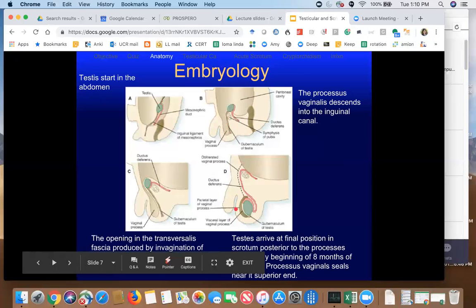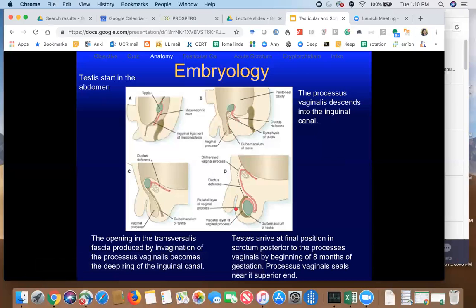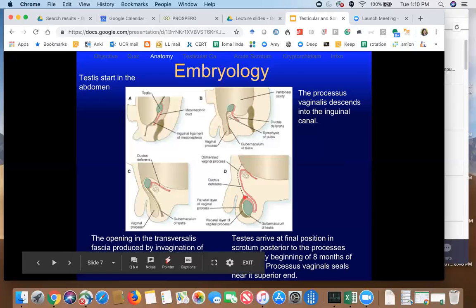The testis arrives in the final position of the scrotum posterior to the processus vaginalis by 8 months. The processus vaginalis is this part here. As mentioned before, it is a continuation of the peritoneum, and it can collect fluid that causes hydrocele. The testicle is posterior to that.